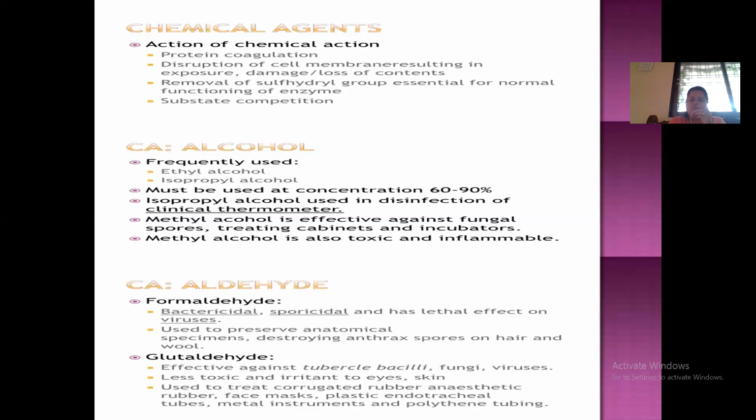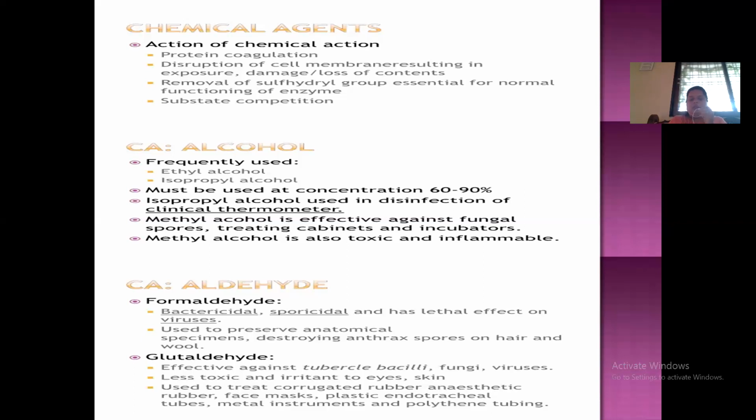Then what is the use of glutaldehyde? It is used against the tubercle bacilli, meaning we use glutaldehyde to kill the bacilli of tuberculosis. It is also helpful in the killing or destruction of fungi and viruses. Why do we use glutaldehyde? Because it is less toxic and less irritant to the eyes and skin.